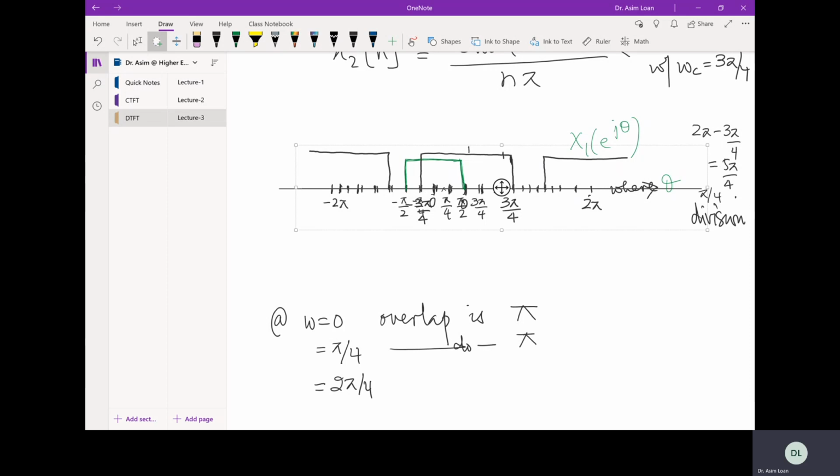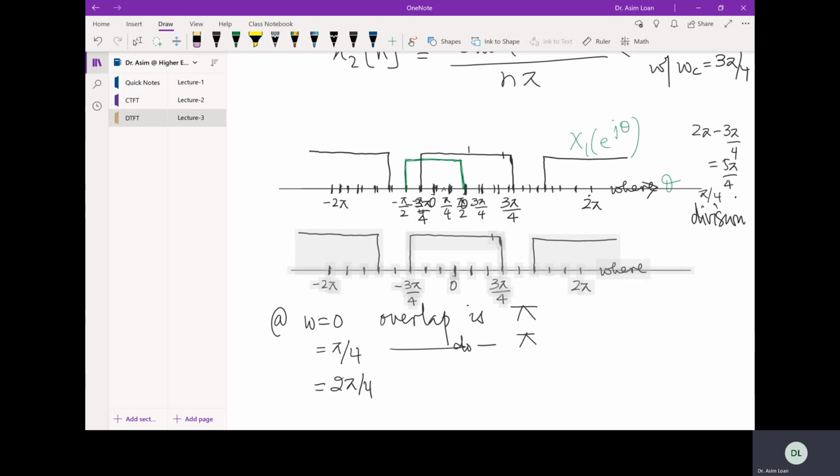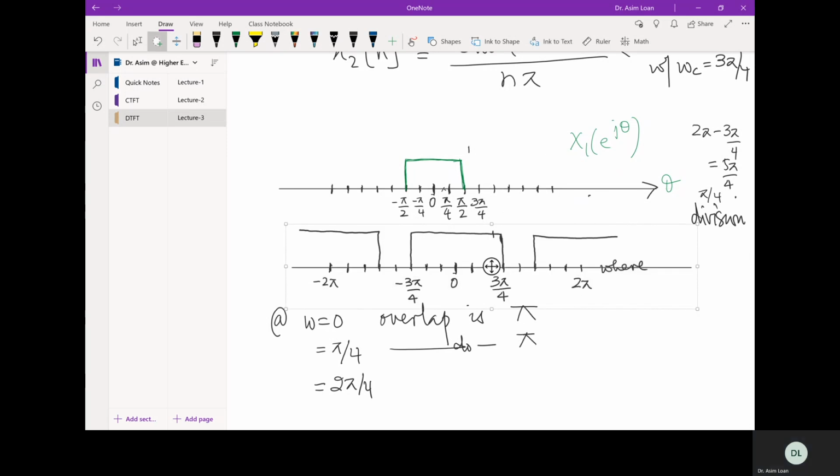There I have 1, 2, 3 overlapping. And let me bring this down here. So at this shift the overlap is 3 pi by 4. Overlap is pi, overlap is pi.